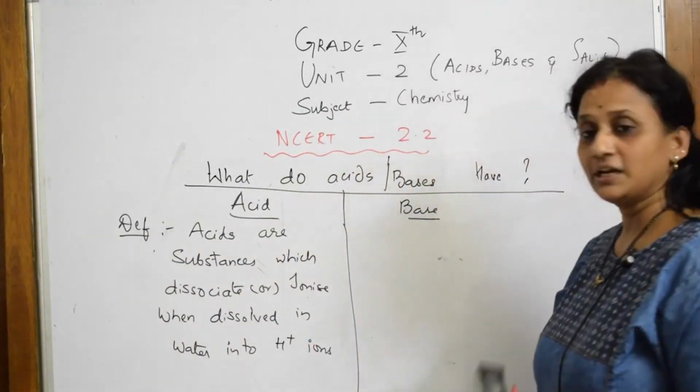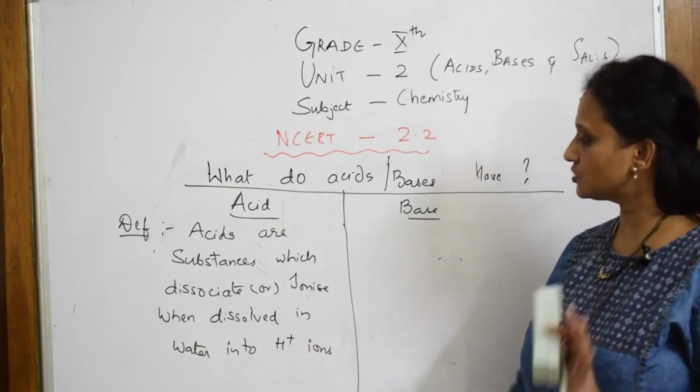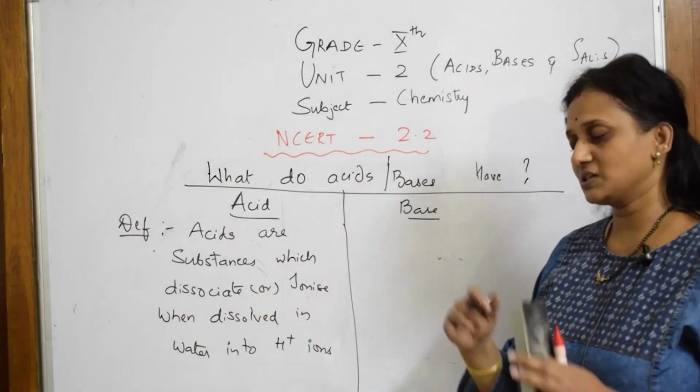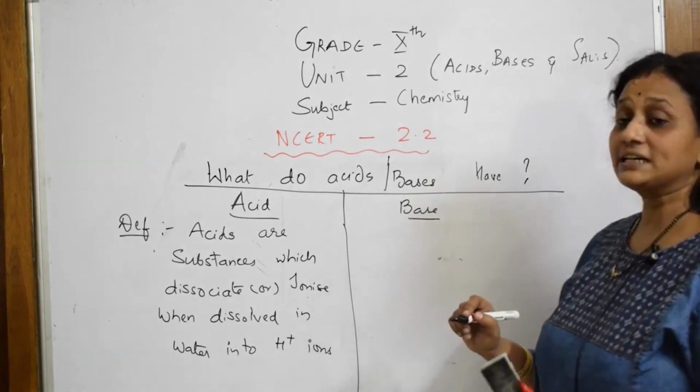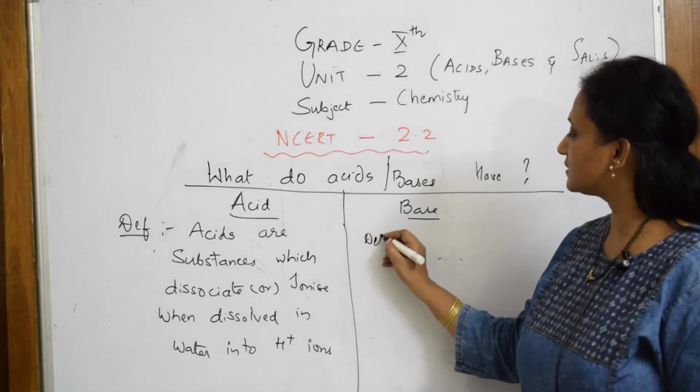What is that? We will see. So H plus ions are those we get when acids are dissolved. Hydronium ion is one more word which I use. I'll explain this. How should I write the definition of a base? Simple, isn't it?